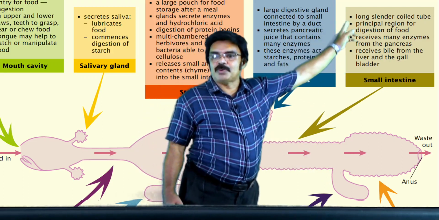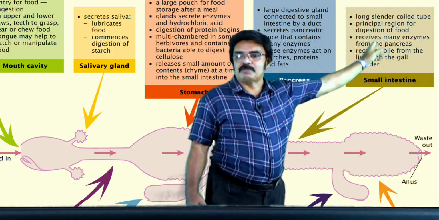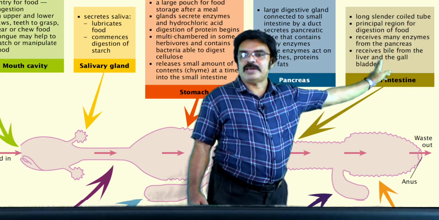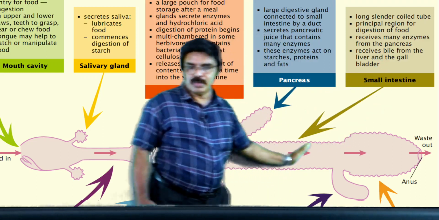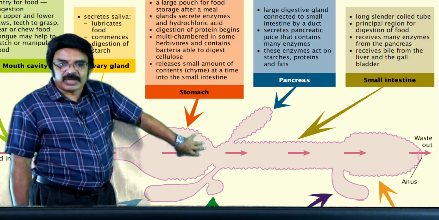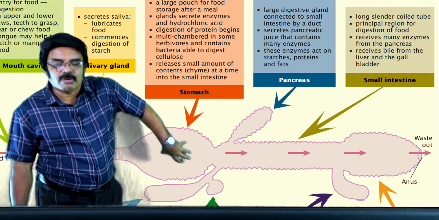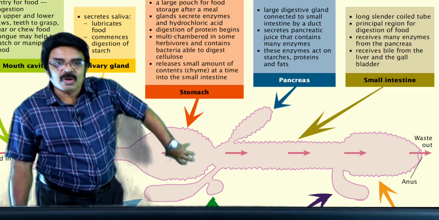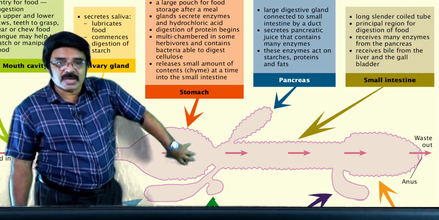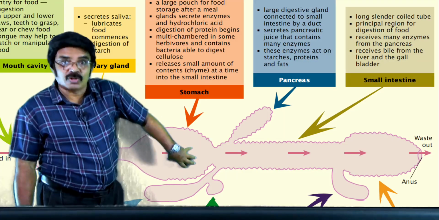A long slender coiled tube, principal region for digestion of food, receives many enzymes from the pancreas, receives bile from the liver and the gallbladder. One very important thing is, in the stomach, due to hydrochloric acid, it is acidic. So the enzymes working here work in an acidic medium, that is low pH.